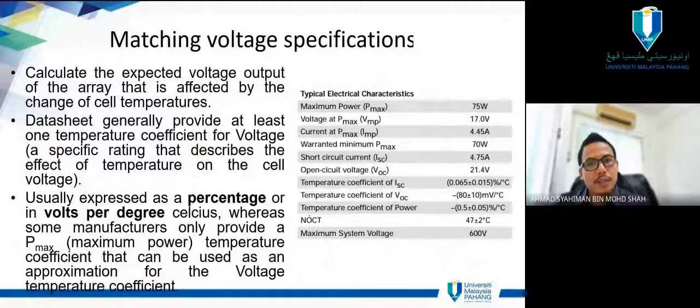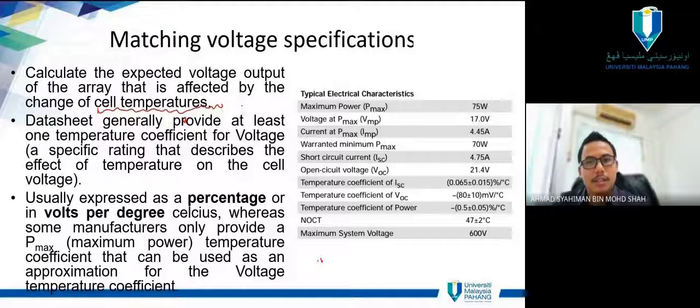So, matching voltage specification. Calculate the expected voltage output of the array, which is affected by the change of cell temperatures. So we have to calculate the expected voltage output of the array.